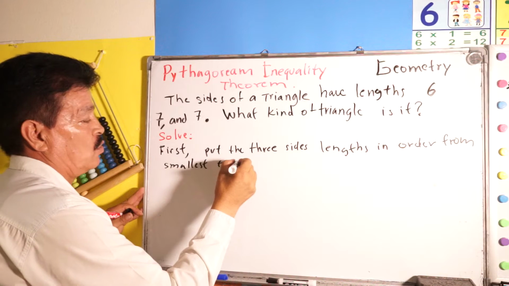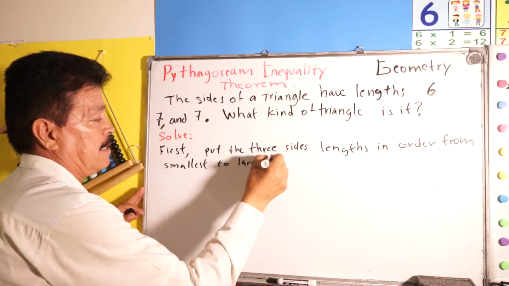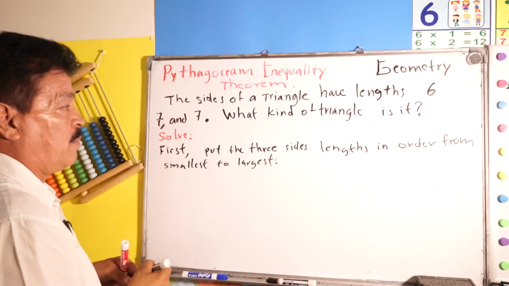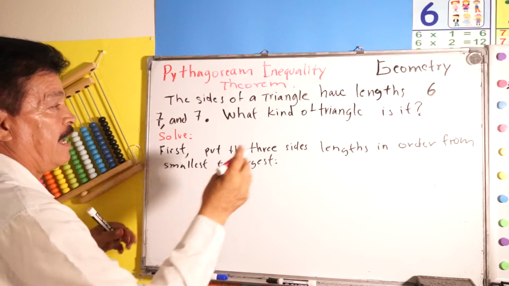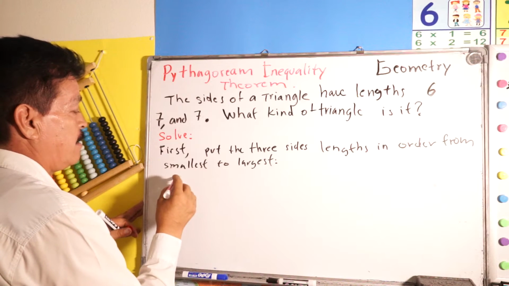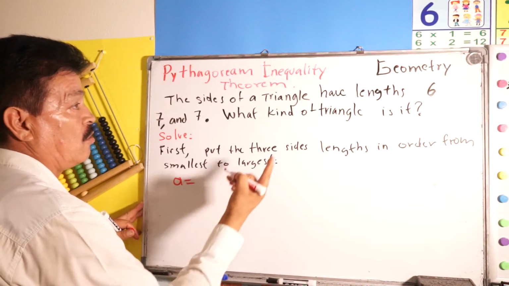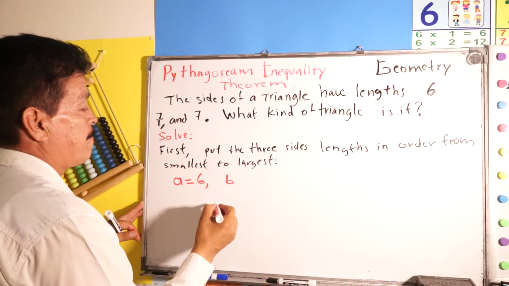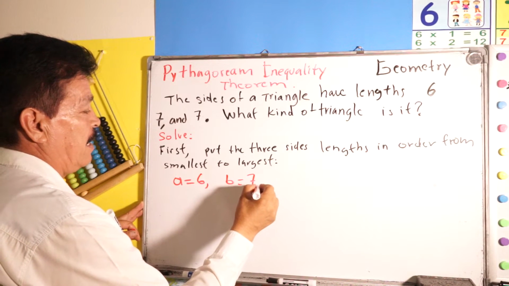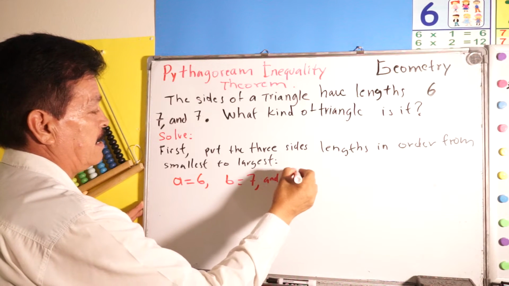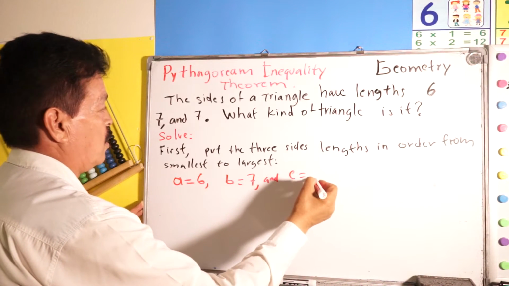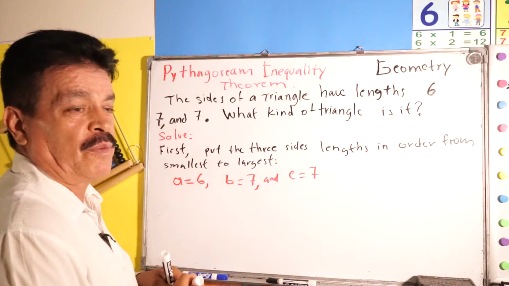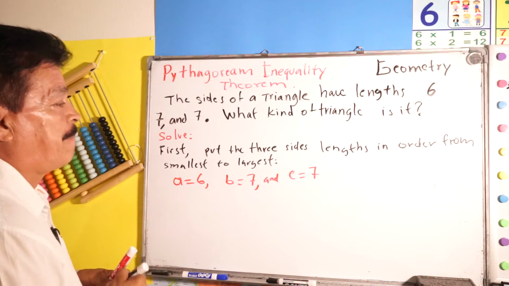So let's start. In this case, we have A equals 6, B equals 7, and C equals 7. So from smaller to largest, we have this information in this way.